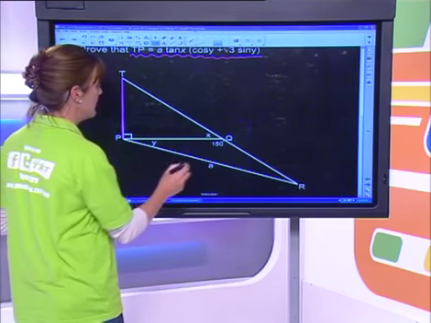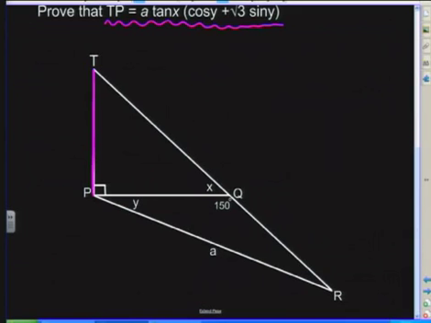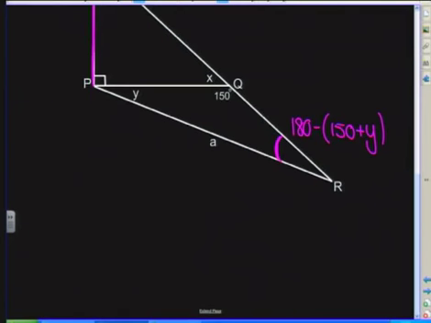So for example, if that's 150 and that's Y, this angle over here is going to be 180 minus my 150 plus my Y, because it's interior angles of a triangle, which means that angle R is going to be equal to 180 minus 150, which is actually 30, minus Y. And that's your interior angles of a triangle. Okay, so that's what I know this is, and it's going to help me in a minute. You'll see in a second.